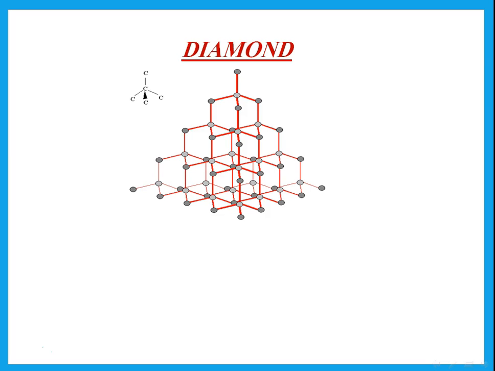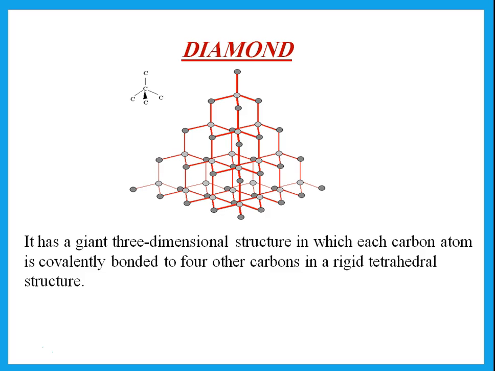So let's take a look at diamond. What is diamond made of? It's made of carbon. Now, how are the carbon atoms arranged? They are arranged in a giant three-dimensional structure in which each carbon atom is covalently bonded to how many? Each carbon atom is bonded to 4 other carbon atoms.